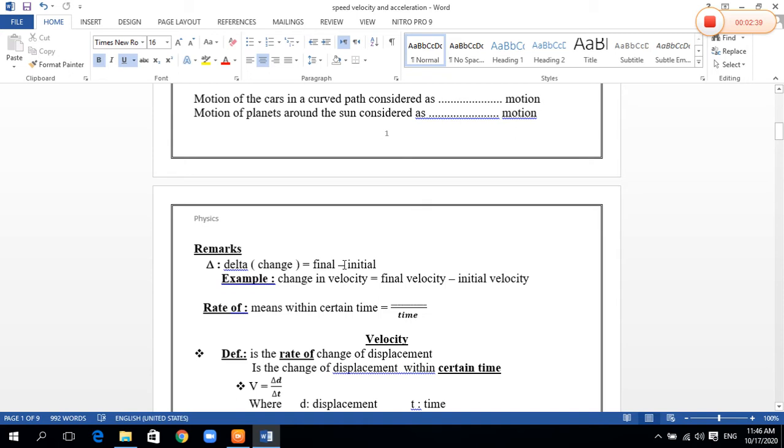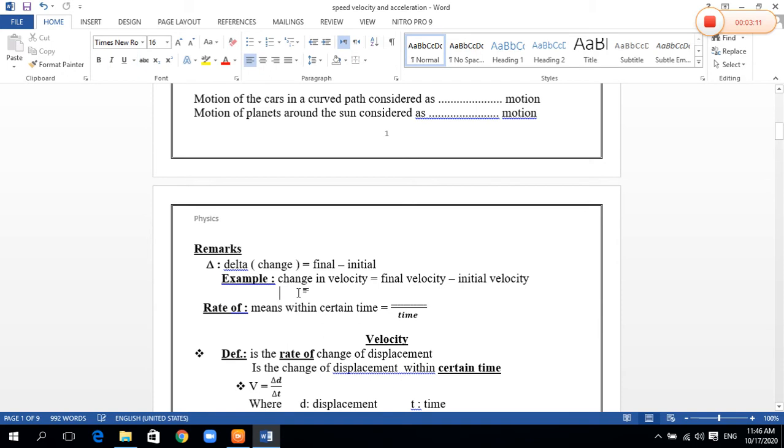For example, if we have an object moving with a specific velocity, it started with a slow velocity and the velocity increases by time, speeding up. So the final velocity minus initial velocity is called the change in velocity, and represented by delta V. Delta V equals V final minus V initial.